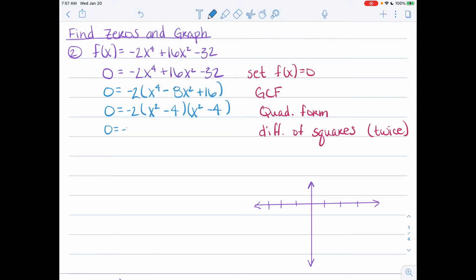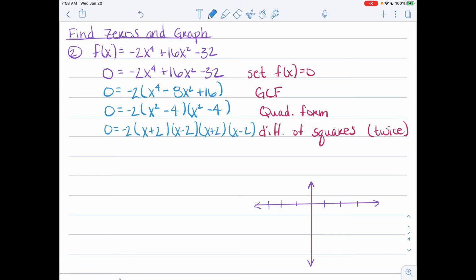I'm going to have a 0 and a negative 2. And now difference of squares for the first parentheses right here, x squared minus 4. I'm going to put x's in the front, 2's in the back. One gets a plus and one gets a minus. But now I need to do the same thing for this one. So I am again going to do 2 sets of parentheses, x's, 2's, plus, and minus.